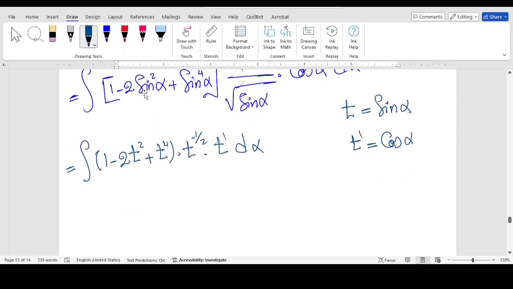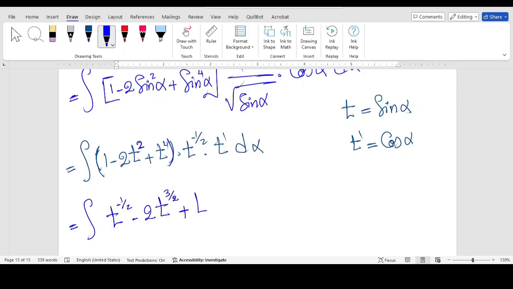Distributing this t to the power negative half on the three terms in the bracket, we will get the integration of t to the power negative half times 1, this t to the power negative half, minus 2 multiplied by t squared times t to the power negative half, this t to the power 3 over 2, plus t to the power 4 times t to the power negative half, this t to the power 7 over 2, times t dash d alpha.